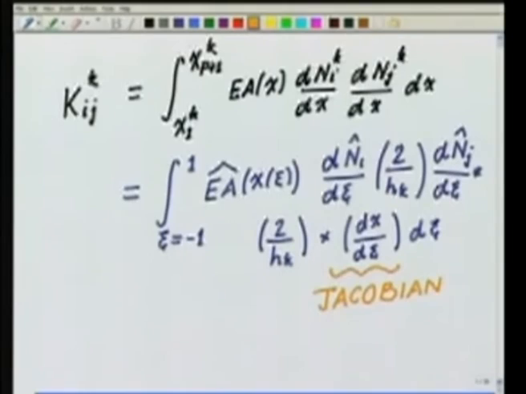Jacobian of the transformation. What is that physically? What does this Jacobian mean? It means the ratio of the length of the original element to the new element.